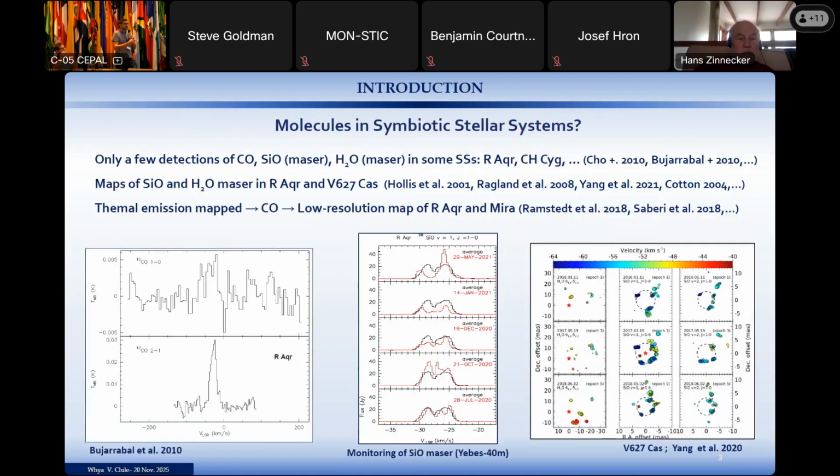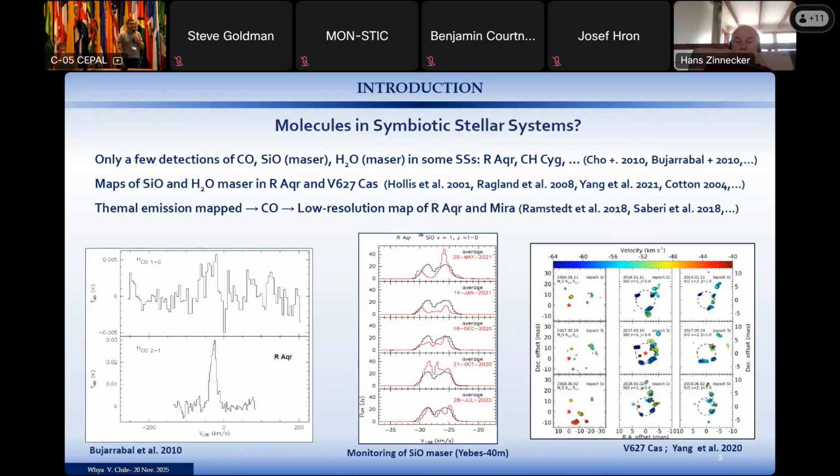Well, we want to study molecules in symbiotic stars, but there is a problem because most molecules are photodissociated by the intense ultraviolet emission from the white dwarf, so it's very hard to detect them. However, there are a few detections of CO, for example, in R Aquarii, and SiO and water masers in a few sources. If we want to study where the molecular gas is in symbiotic systems, we need maps.